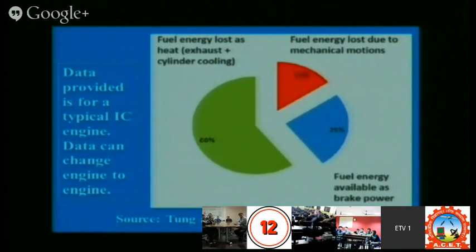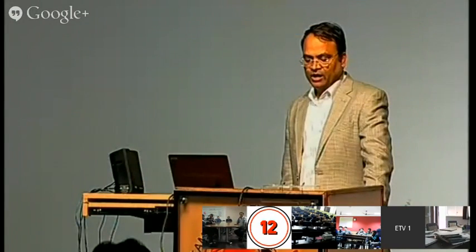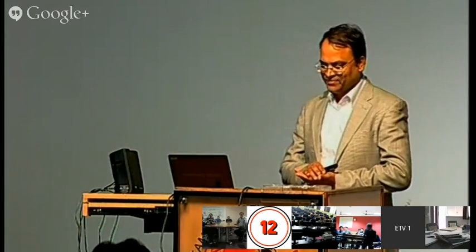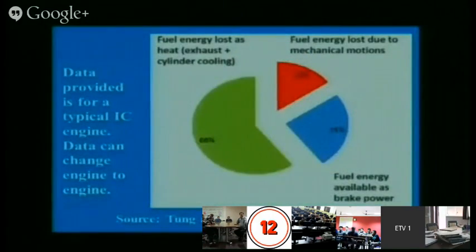For a typical engine, the distribution is shown like this: 60% of the chemical energy, if a single drop of fuel is burned, is wasted through exhaust and cylinder cooling, etc. And 15% of the energy is lost in friction, and 25% is available as brake horsepower.